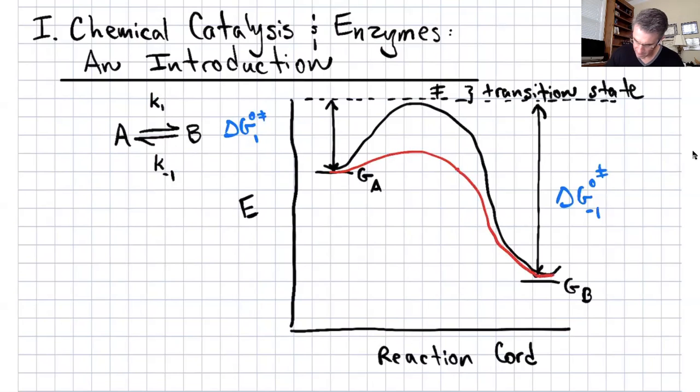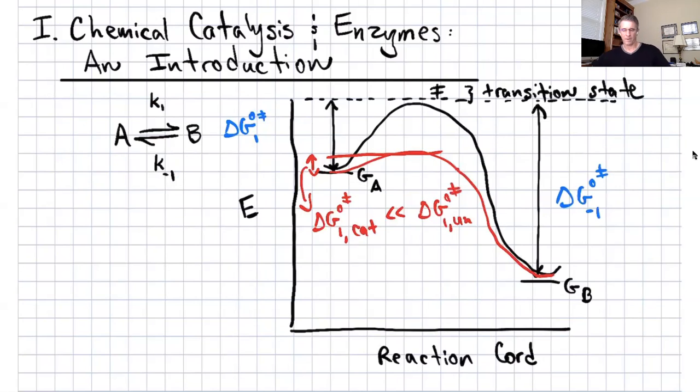So if this barrier here, the delta G1 for the forward catalyzed reaction, is a lot smaller than the delta G1 uncatalyzed, the reaction is going to go significantly faster, because the rate constant is going to get bigger.